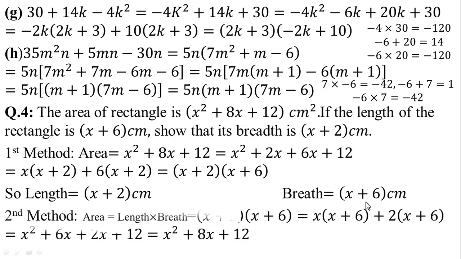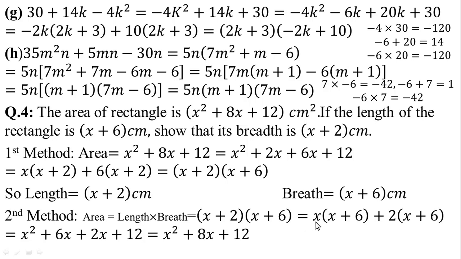Second method, we can solve area is equal to length multiplied by width. Now length is equal to x plus 6 and breadth is equal to x plus 2. Multiplying both values, x plus 2 into x plus 6. x is multiplied by x plus 6 and 2 is also multiplied by x plus 6.